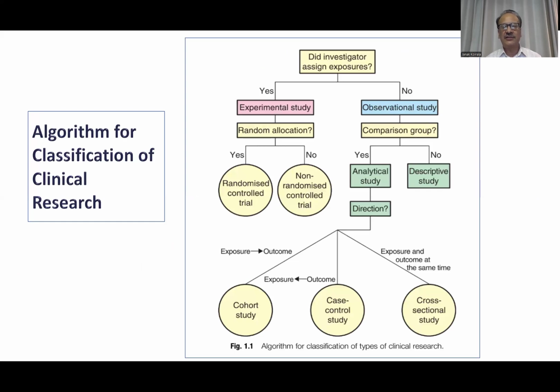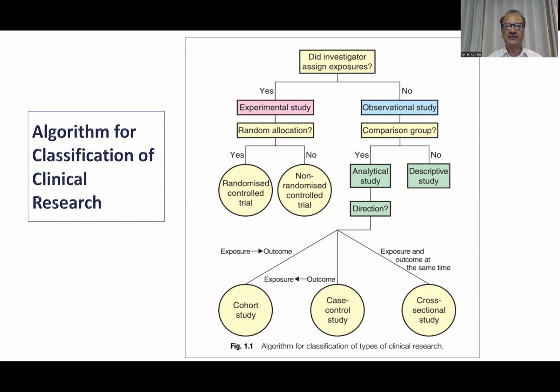This is just an additional slide I've kept to decide what kind of clinical research you are doing. So the first question would be, did the investigator assign exposures? If yes, then it's an experimental study. If there is no assignment of exposure or intervention, it becomes an observational study, so just passive data collection.